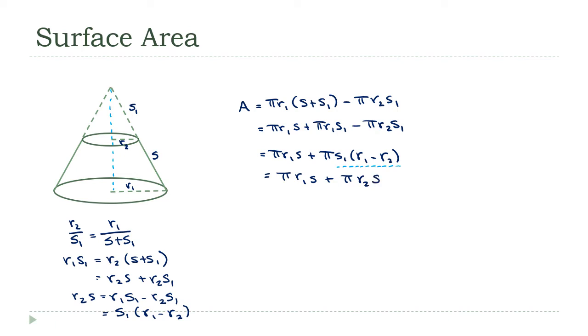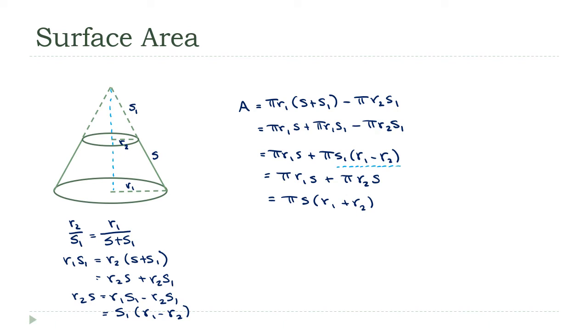And if I factor pi S out of here, this is pi S times (R1 plus R2). Okay, and now we've got the formula for the surface area of a frustum, which is awesome. That's what I needed to see.